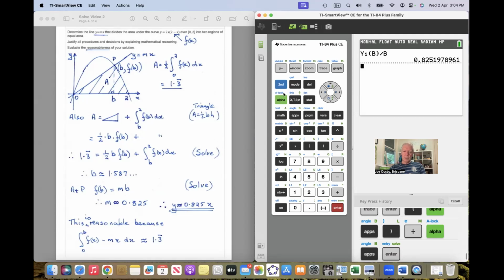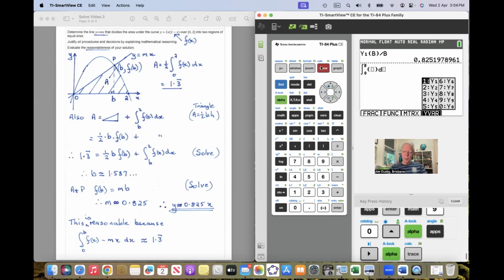Now, all I need to do here then is to go back in and say, all right, I need to do an integration, which is option 9. I'm integrating from 0 to B. So that'll be alpha B, and it's the y1 function that we had, so it's alpha y1.